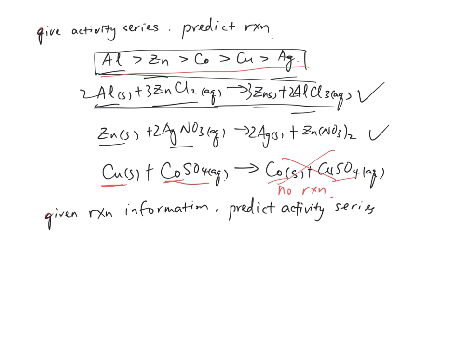Well, what do you mean by this? Well, let me show you something. Now, if we know that manganese, when put into a magnesium chloride solution, a chemical reaction will not happen.